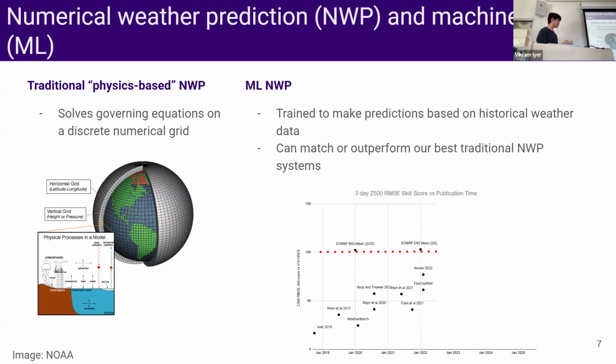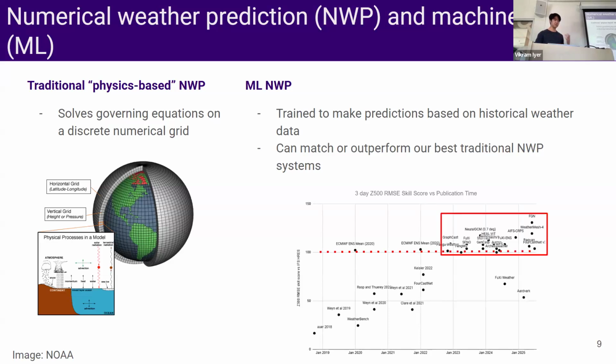Since the first attempts of machine learning on weather prediction around 2018, 2019, skill pretty rapidly increased over the next few years. But really since 2023, there's been an explosion of models from a bunch of different institutions. These are government institutions, large tech companies like NVIDIA and Google, and small startups. There's been just an explosion of models that are now outperforming our best models that I've talked about on the left.